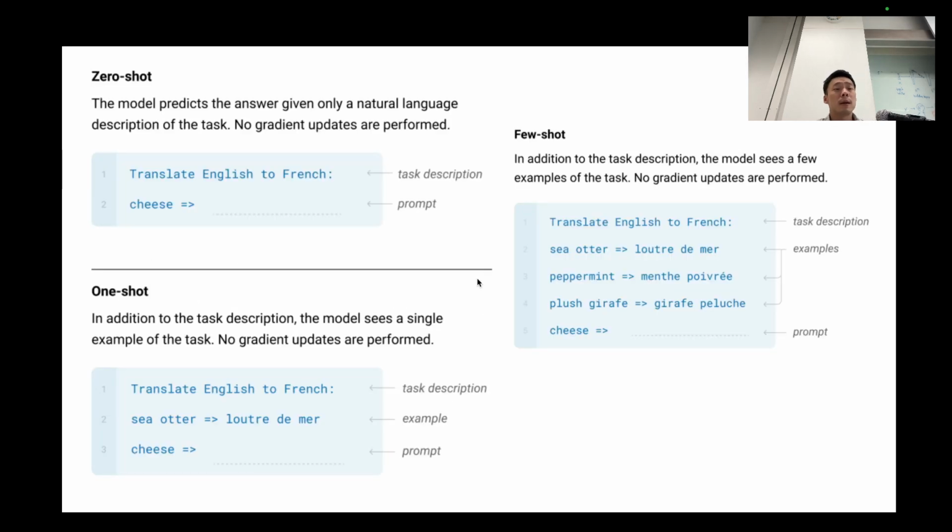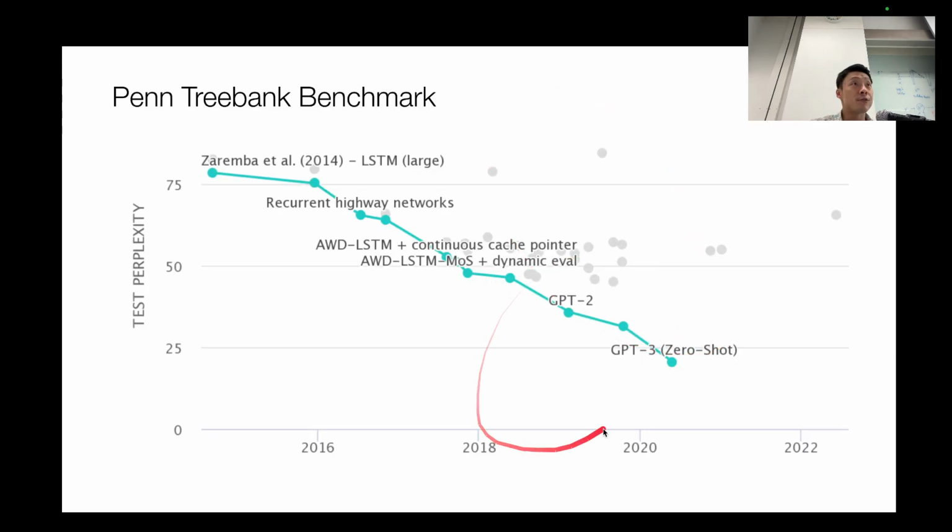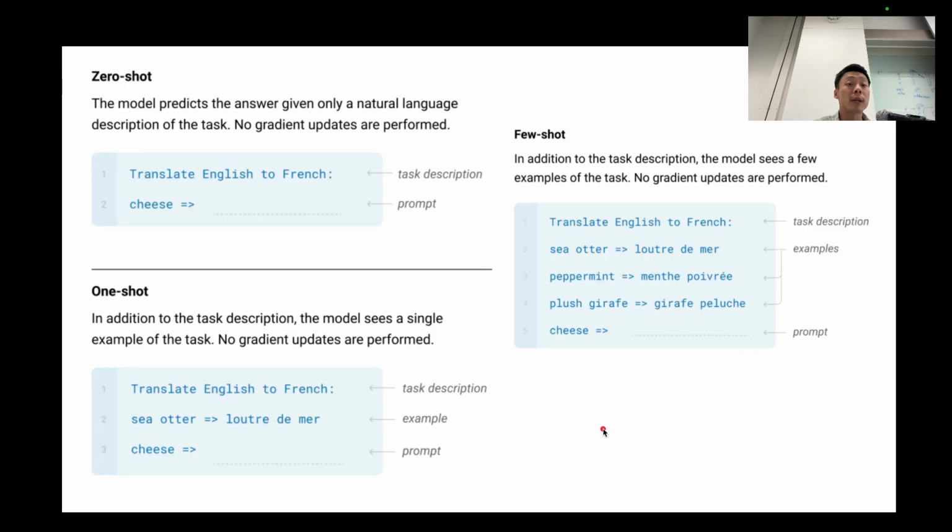So let's look back at GPT-2. It's not just a model that performed well on this benchmark. What it does really well is that it can do zero-shot learning. What it could do is something like this. You can give it a prompt, but back in the day, it cannot understand very complicated prompts.